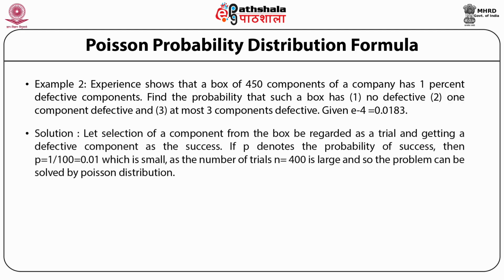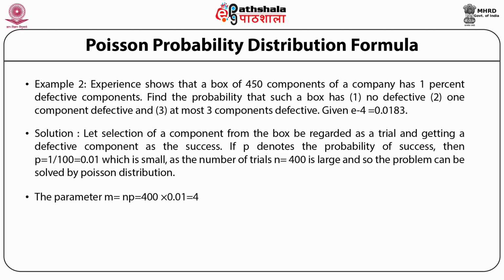Let selection of a component from a box be regarded as a trial and getting a defective component as the success. If p denotes the probability of success, then p is equal to 1 upon 100, that is 0.01, which is very small. As the number of trials n is equal to 400, which is large, the problem can be solved by Poisson distribution.